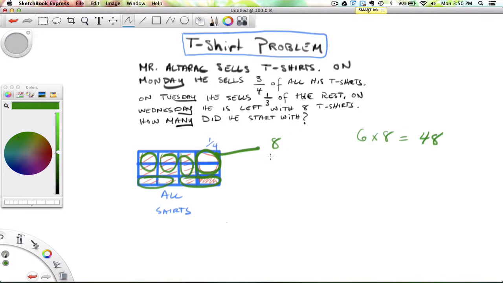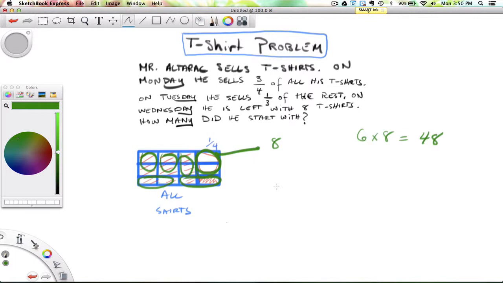How can we have done this without drawing? Well, we can say that Mr. Alterac starts off by selling 3/4 of his t-shirts, and then sells 1/3 of the rest.